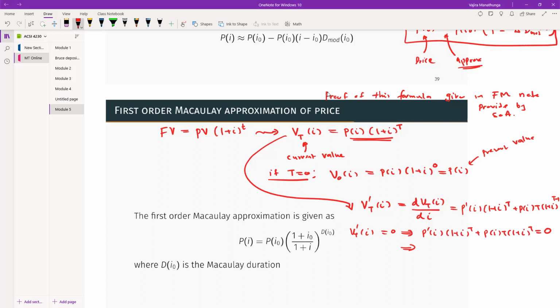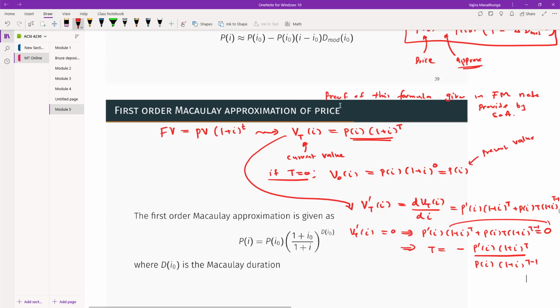When I solve this for t, what do I get? I'm taking this term to the other side, so I have P'(i)(1 plus i) to the t divided by P(i)(1 plus i) to the t minus 1, because I'm solving for t.